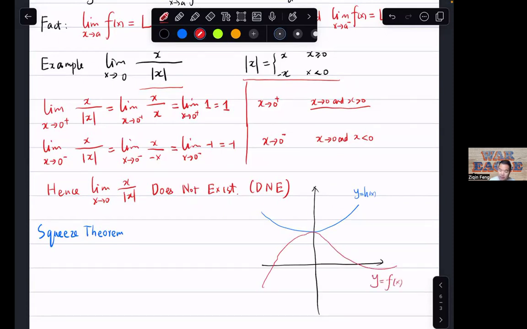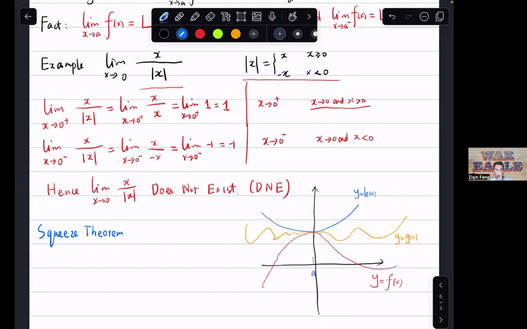Now we have a function in between. Let's use black or orange. The function might change crazily, but it always lies in between f and h. This is our function g, which is y equal to g of x. This is our point A here.